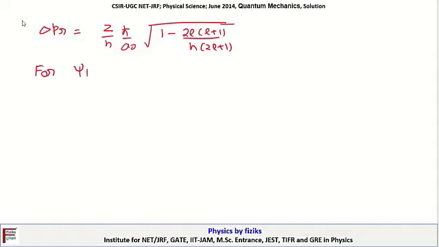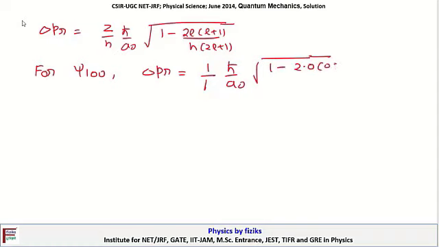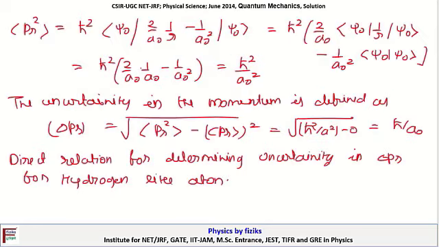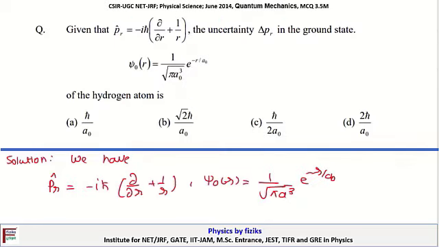For psi 100, delta P_r for hydrogen atom will be 1 h cross by a naught root over 1 minus 2 into 0 into (0 plus 1) divided by 1 into (2 into 0 plus 1). So we would get h cross by a naught. So in both the cases, the answer turns out to be h cross by a naught. Thus our correct answer would be h cross by a naught, option A.